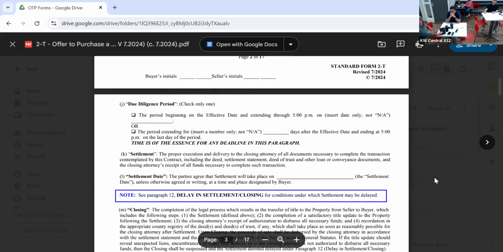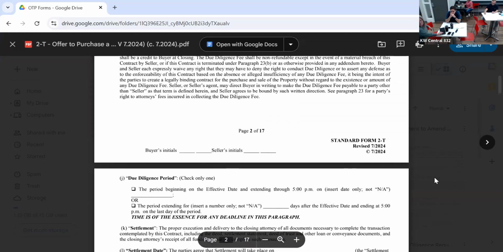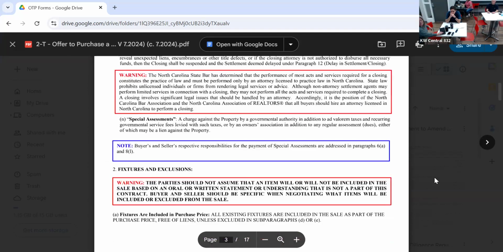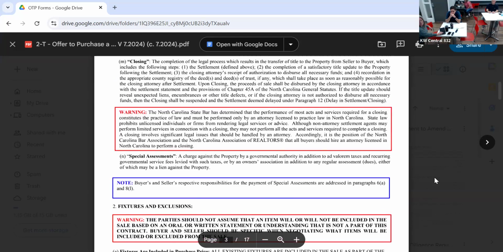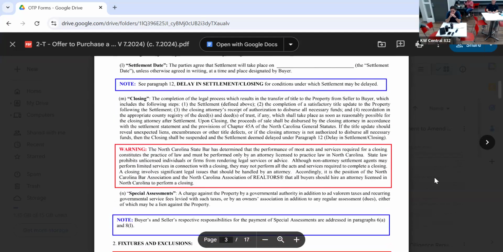Okay, settlement. It goes through a lot of things. Anything that is in all caps, bold, has a blue box or a red box around it is a warning or something you need to pay attention to. So, delay in settlement. What happens if we don't close on April the 30th?